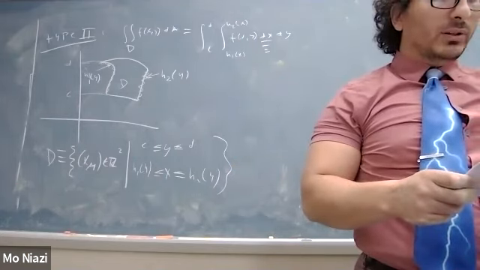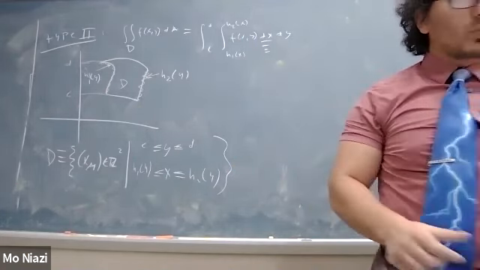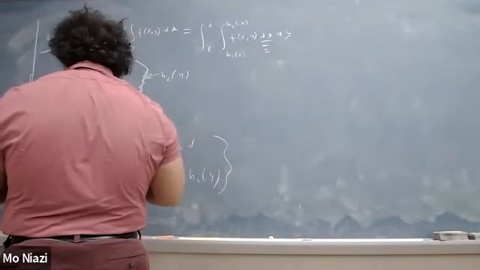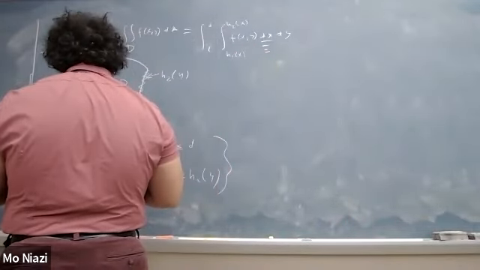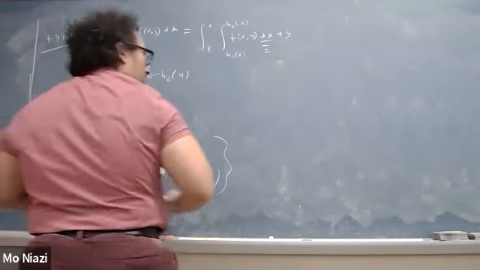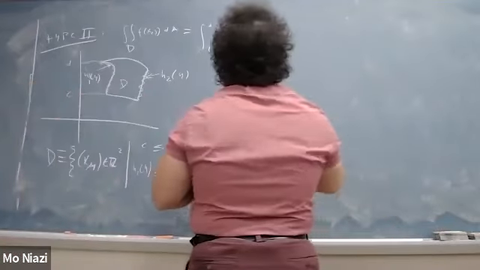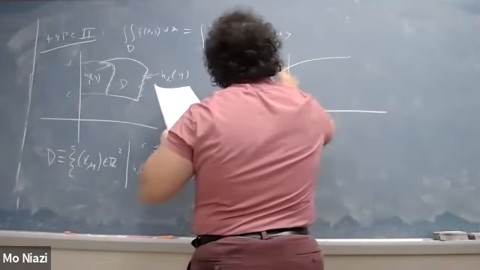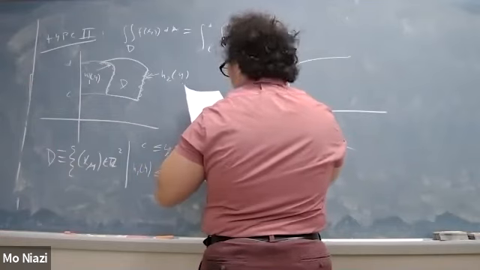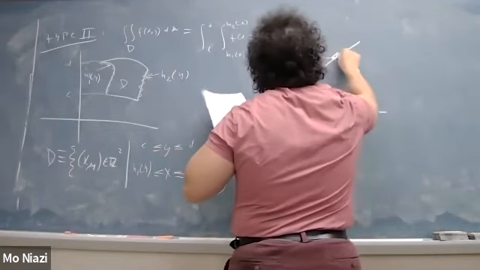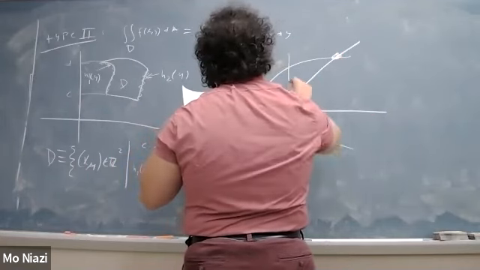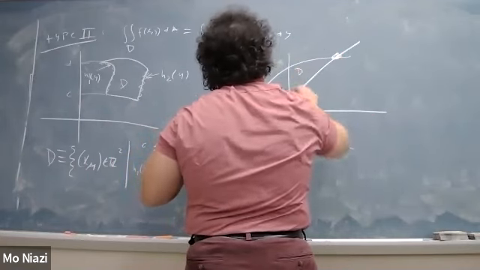Let's actually do an example of a type 2. Let's say we have a situation like this. Let's say we have a bounded region D right here.